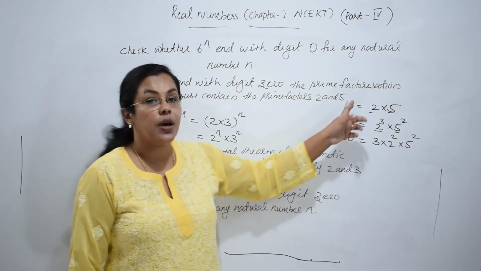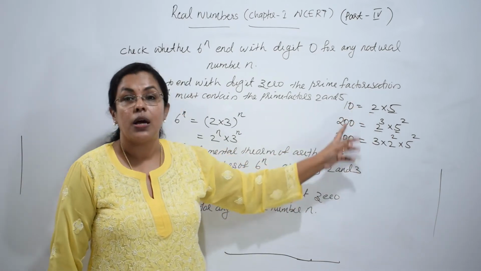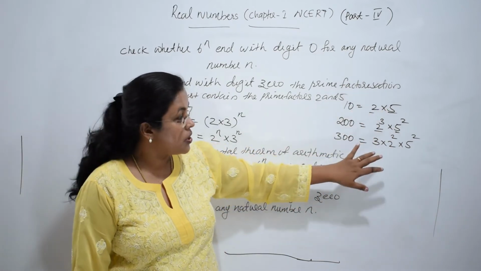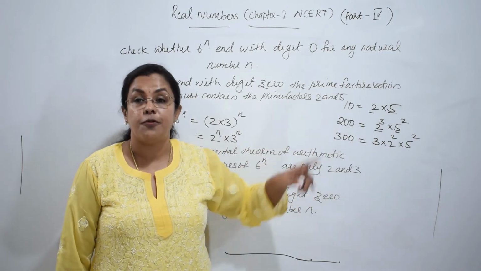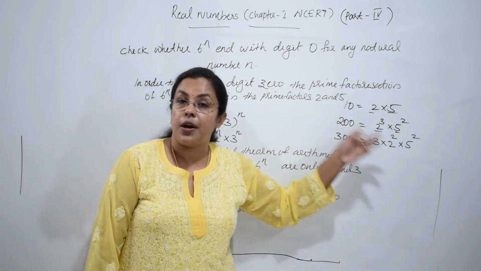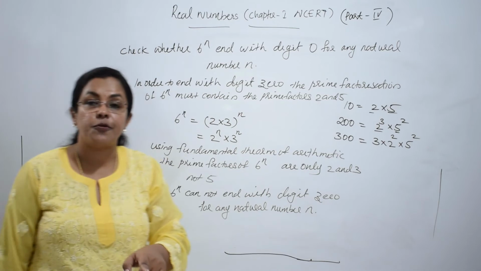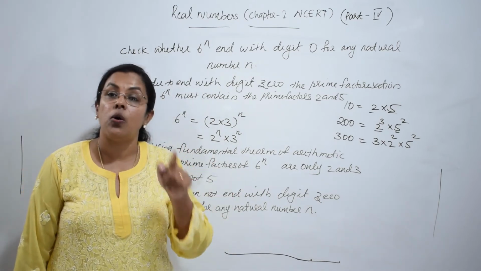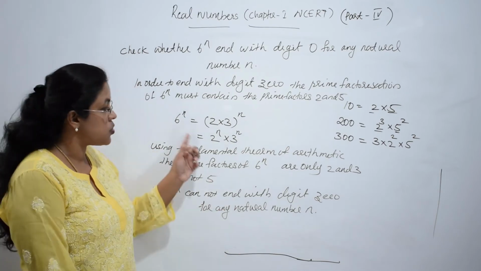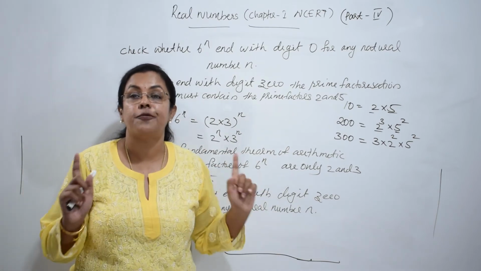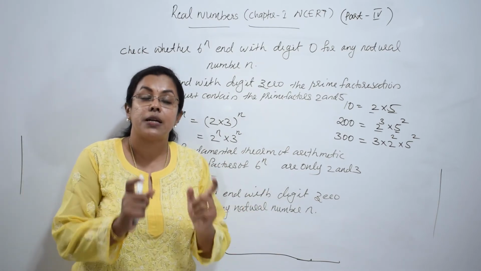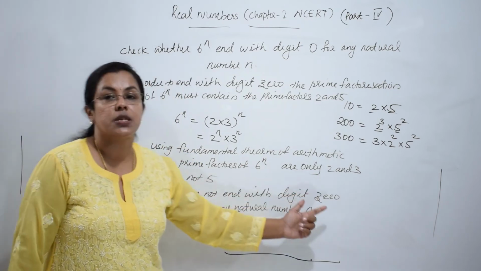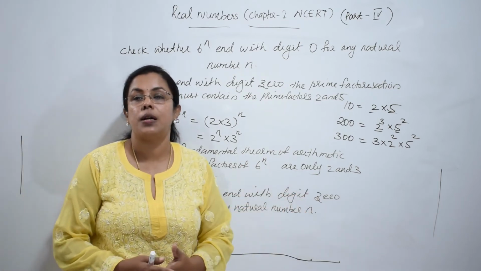In order to end with digit 0, its prime factorization must contain the factors 2 and 5. But if we factorize 6 raised to n, we get only the prime factors 2 and 3, but not 5. So it cannot end with digit 0 for any natural number n.